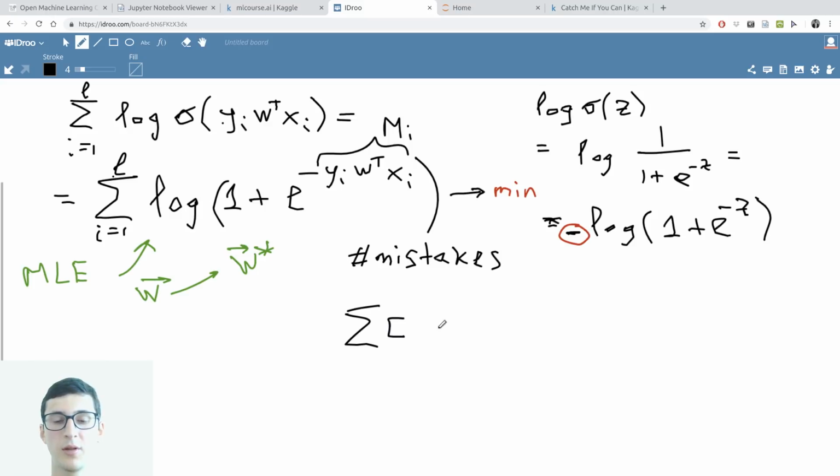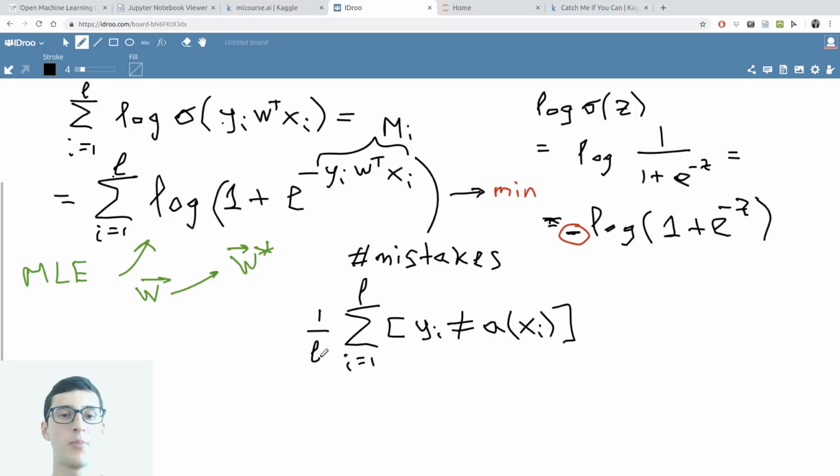So we'll calculate the number of cases where our label for an instance i doesn't agree with our prediction. Okay, so what we want from our algorithm is that its predictions, its answers, match real values, real labels on the train set. If we calculate the proportion of that, so we divide over L, this will be the proportion of incorrect predictions.